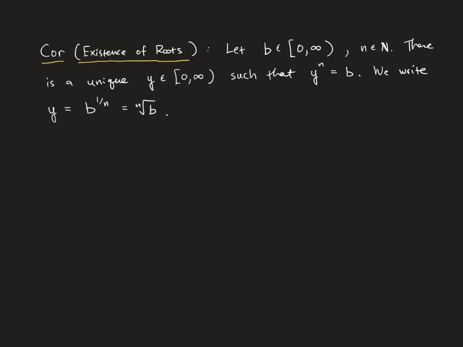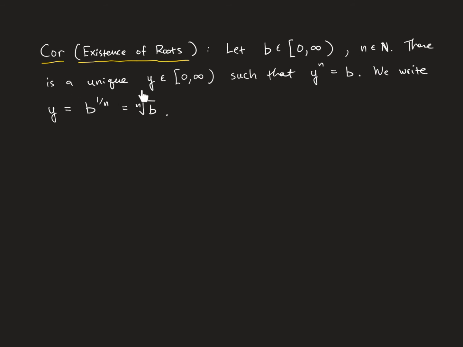So one nice application of the intermediate value theorem is the existence of roots. We discussed this a bit in the beginning of the course when we were talking about completeness, and we showed that square roots exist and indicated that nth roots exist. But now we can actually give a rather quick proof of this. So let's take b a non-negative real number and a natural number n.